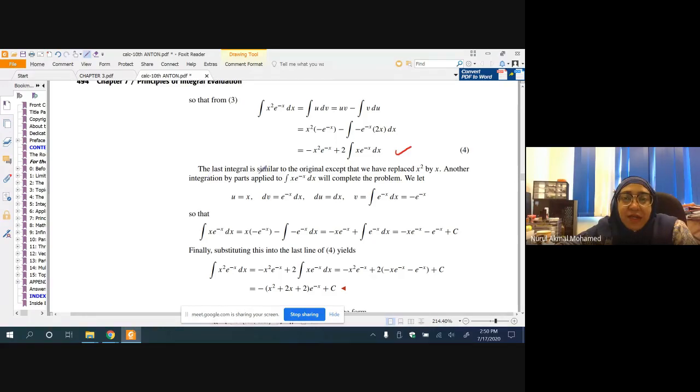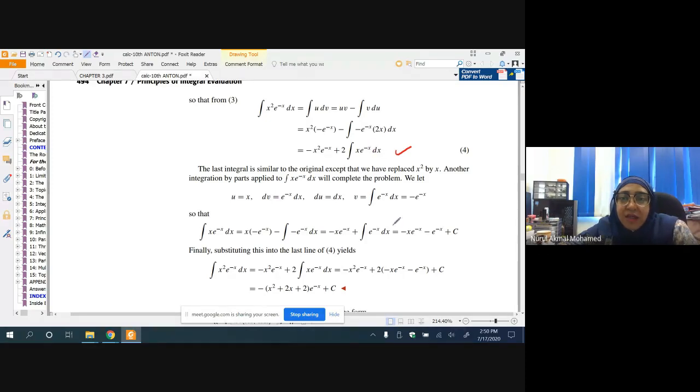The last integral is similar to the original, except that instead of x squared, we now have x. Then we apply integration by parts once again: u is equal to x and dv equal to this one.